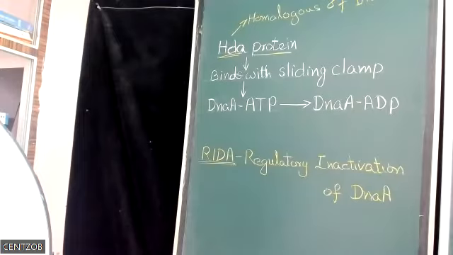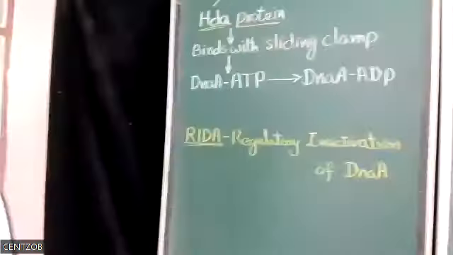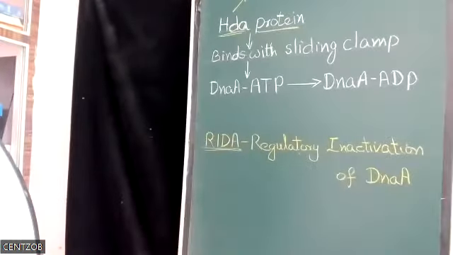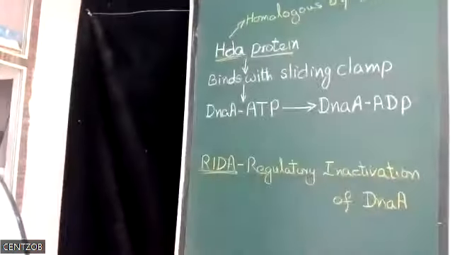To start the initiation, DnaA-ATP concentration should be high. Then during the initiation process, ATP will be utilized, thus DnaA-ADP will form. That will be high. So this is how the DnaA-ATP and DnaA-ADP concentration is mainly maintained by this process.